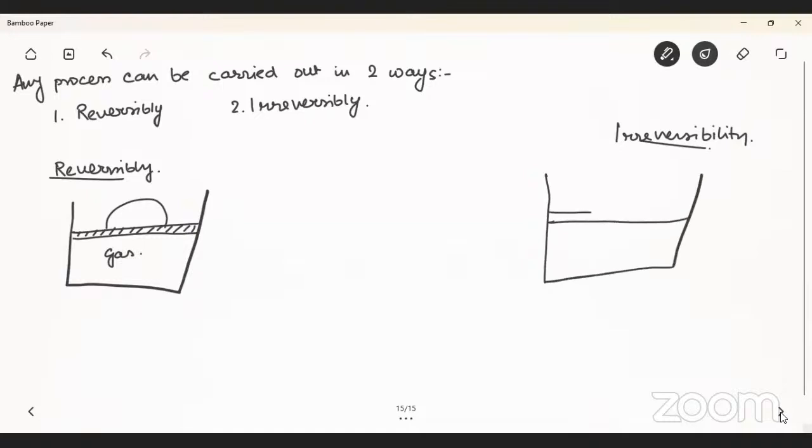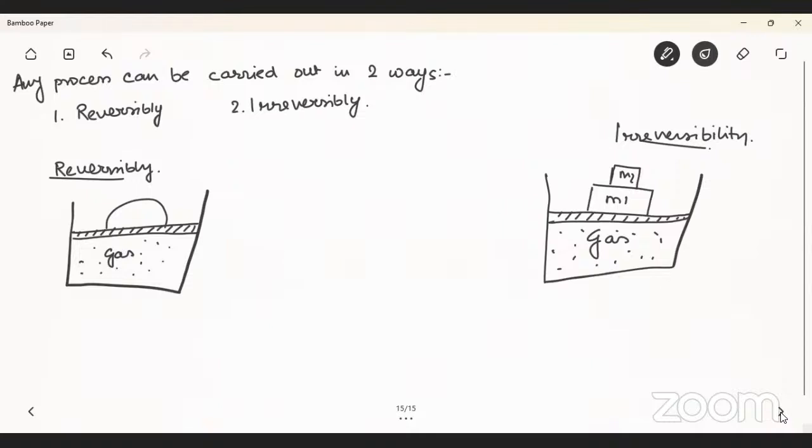I will be writing the conclusions on the next page. So this is a container filled with gas, and here I have written that on the gas these structures are present.